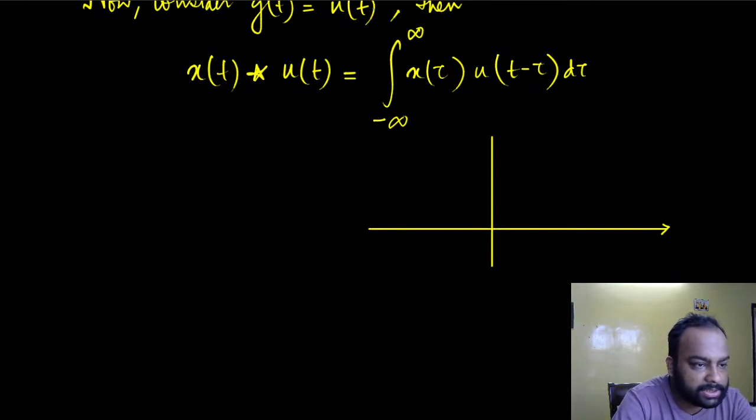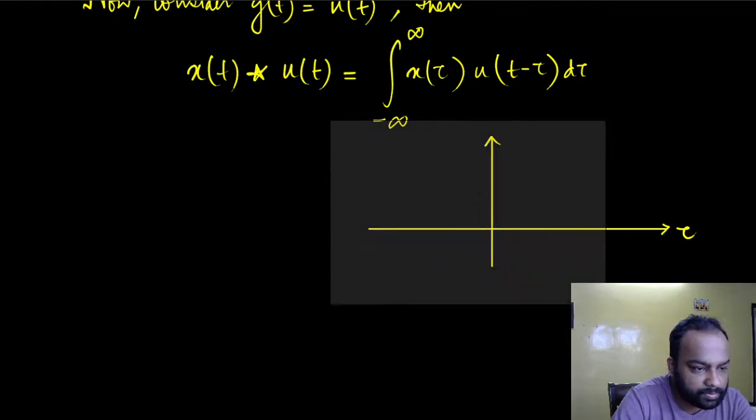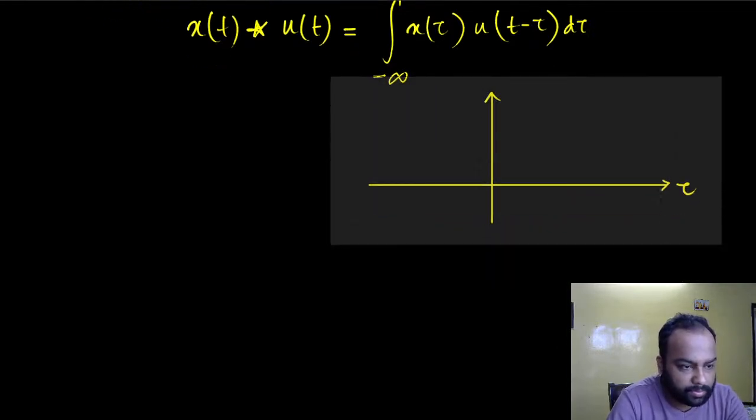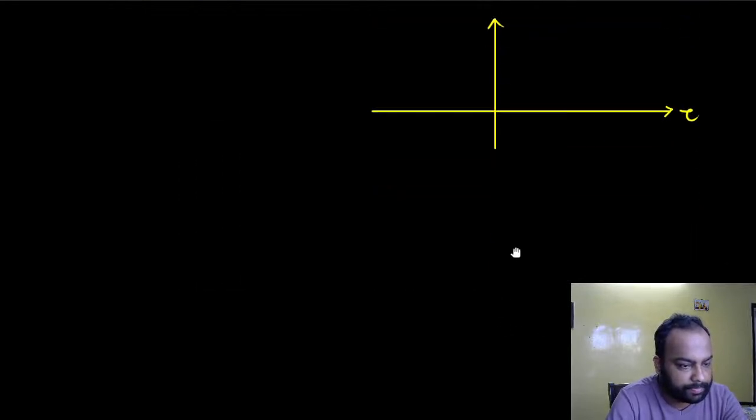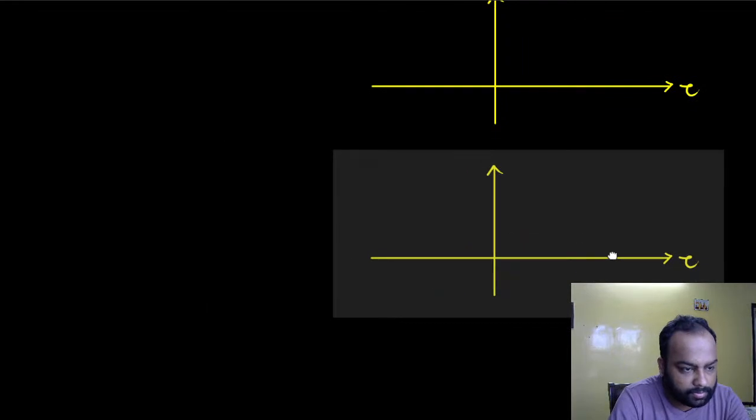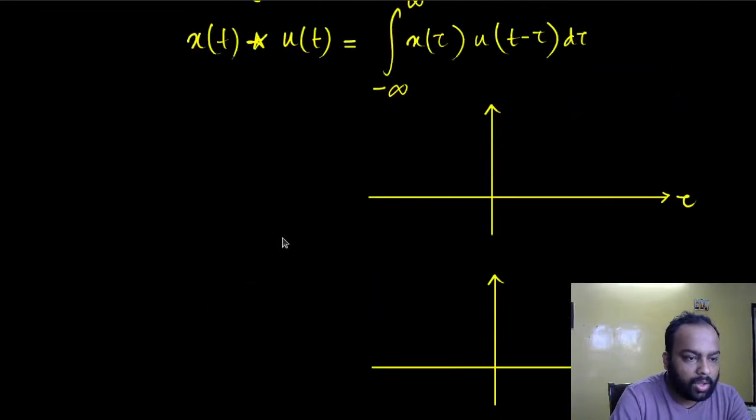Imagine this is tau, and here is your u(tau).